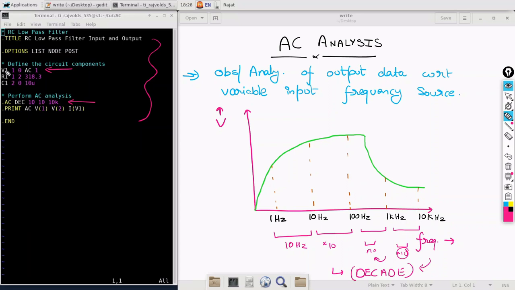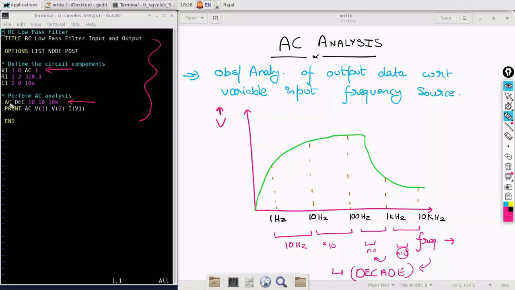V1 1 0 AC 1 implies that V1 is a voltage source and AC implies that it is an AC source. V1 is an AC source connected between node 1 and 0, and this one implies the amplitude. So we are applying 1 volt of AC signal between node 1 and 0, which is named V1. This is the meaning of this line.